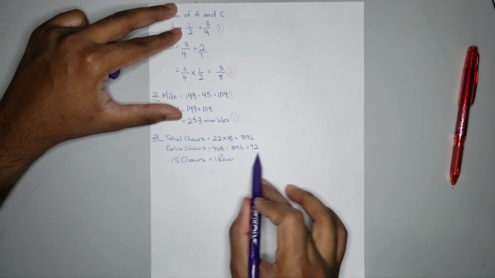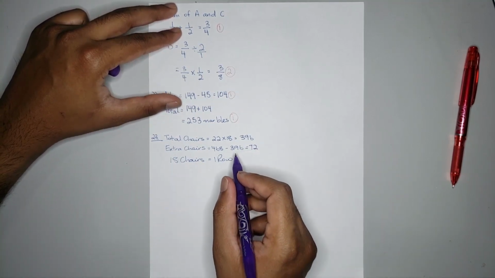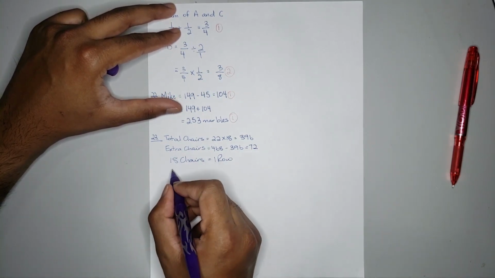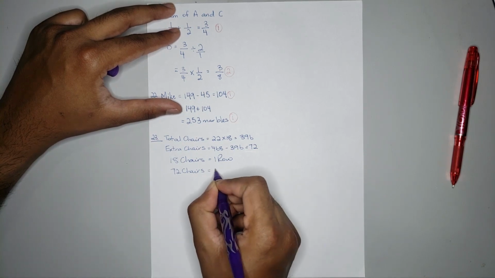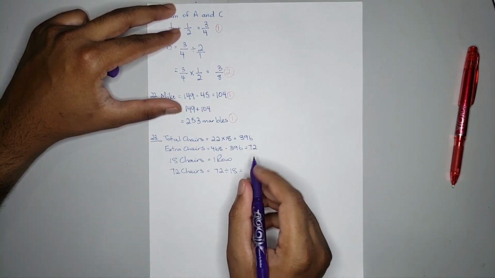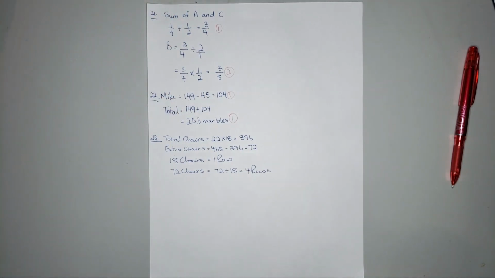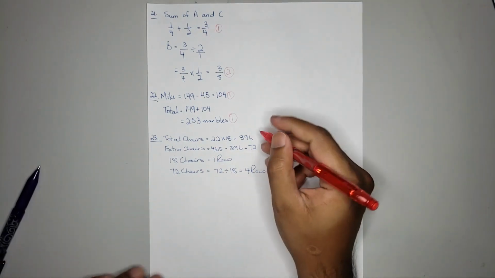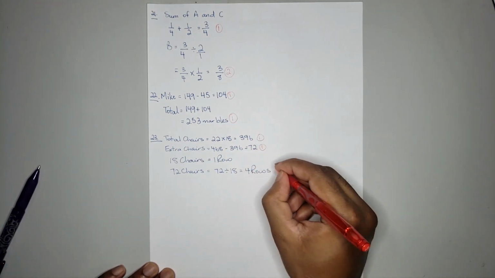We need to find out how many rows we need for 72 additional chairs. So 72 chairs is equal to 72 divided by 18, which is equal to 4 rows. So you need 4 rows in order to seat the 72 persons. It's 3 marks, so you get 1 mark here, 1 mark here, 1 mark for the final answer.